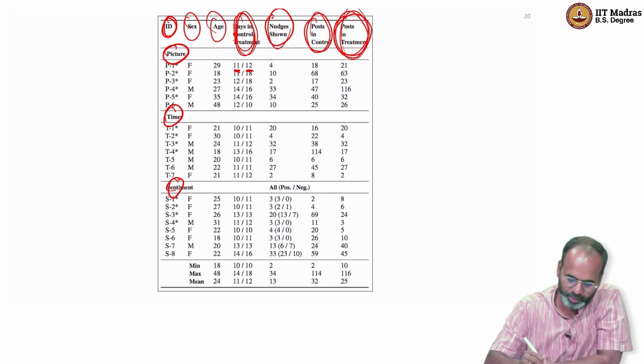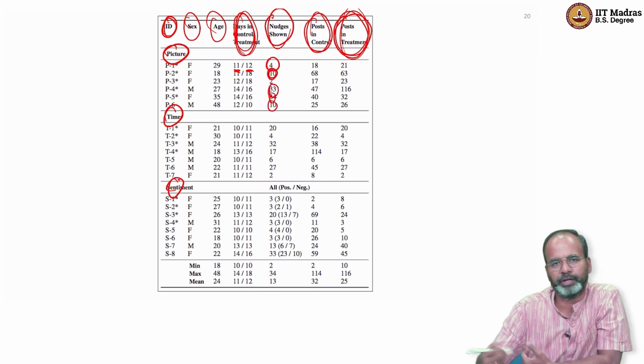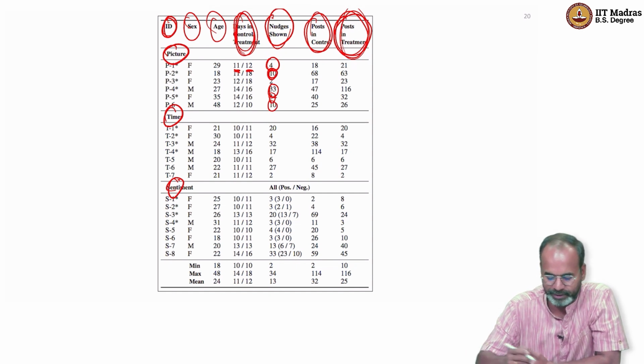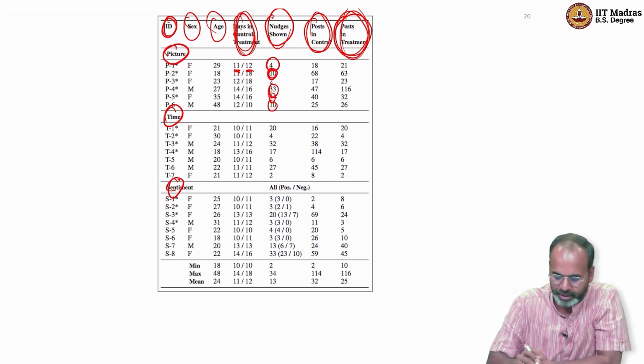Number of nudges shown, 4, 10, depending on the activity of the user, the nudges were shown, right? If you're not even going to Facebook to post, how can I actually show you a nudge? Right? 33, 34 posts were shown because these users may have been extremely active. So that's what is happening. Posts in treatment, this user seems to have posted a lot of posts.